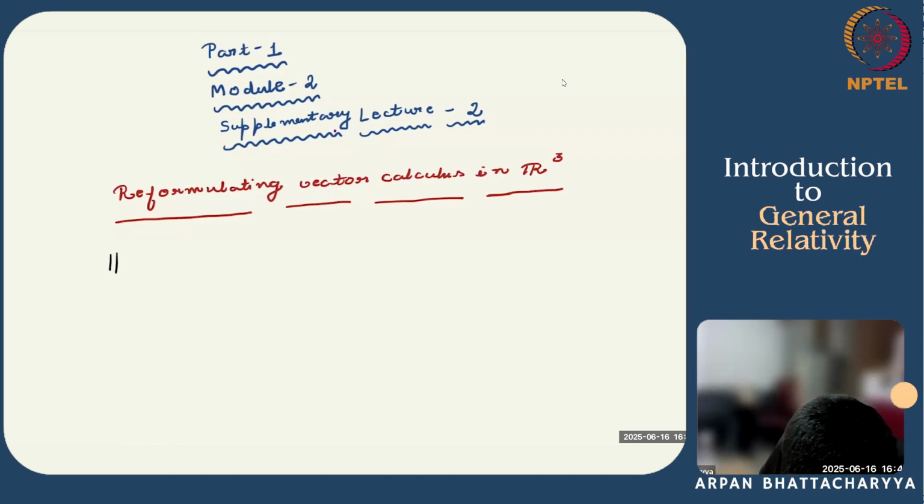So in R3, we'll work with the Cartesian coordinates. We have 3 coordinates, which we will denote by x, y, and z.